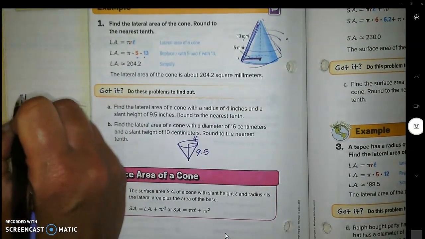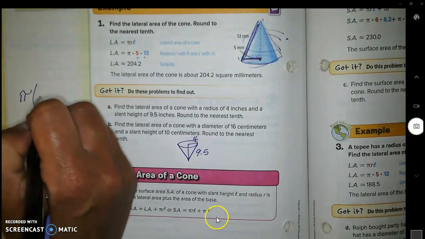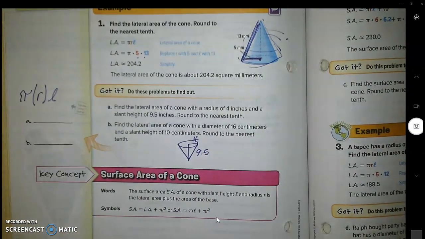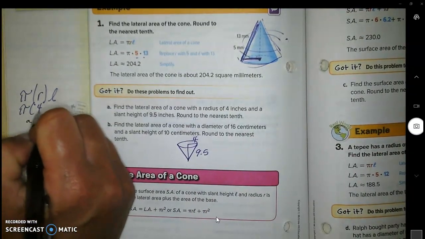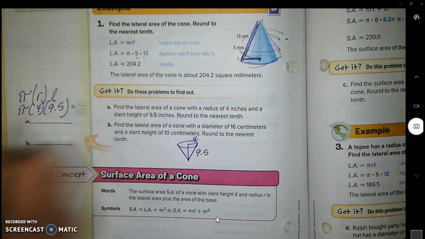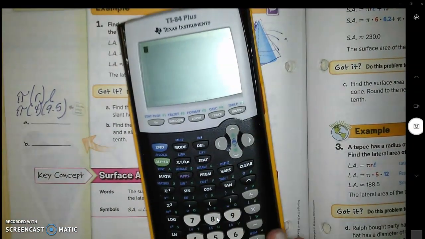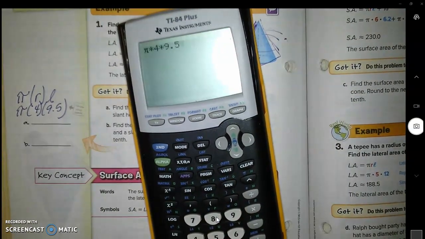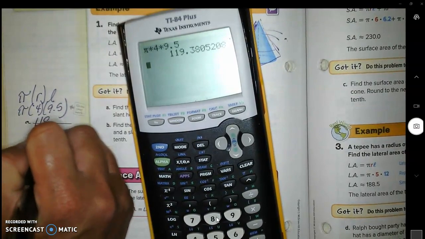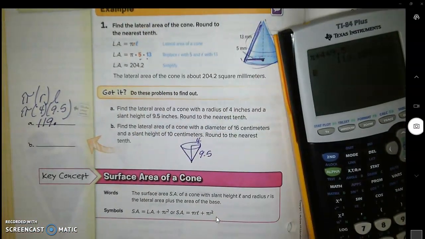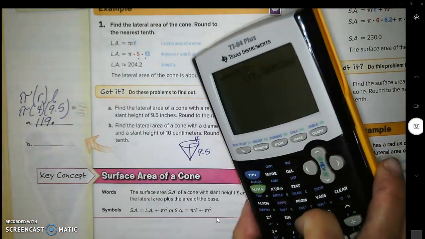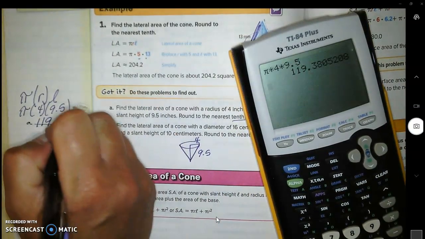So we're just going to do pi times r times L. So we do pi times 4 times 9.5. Let's get our handy dandy calculator out and go pi times 4 times 9.5, and we get 119 point, round to the nearest tenth, so it looks like we're going to have a 4.